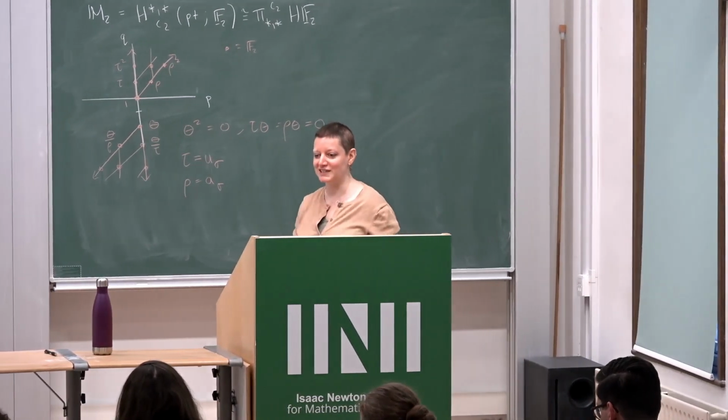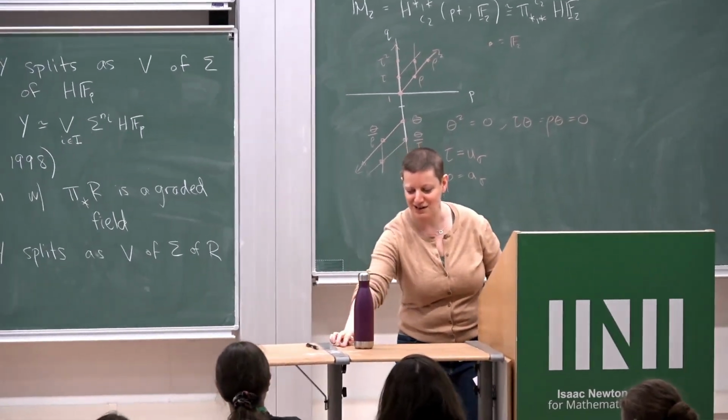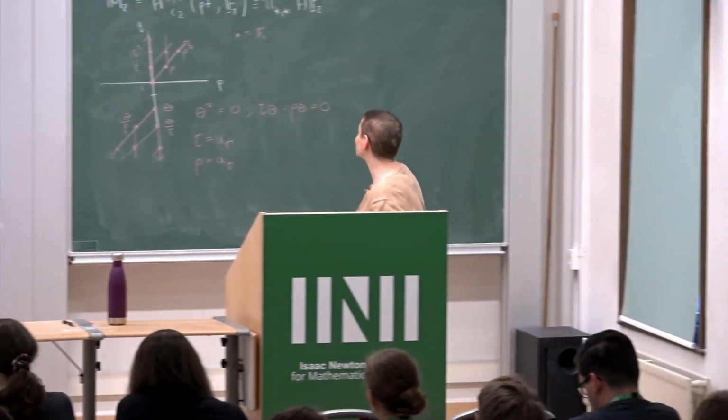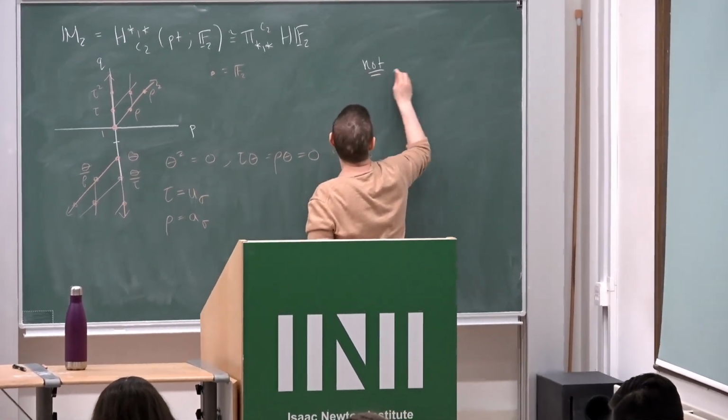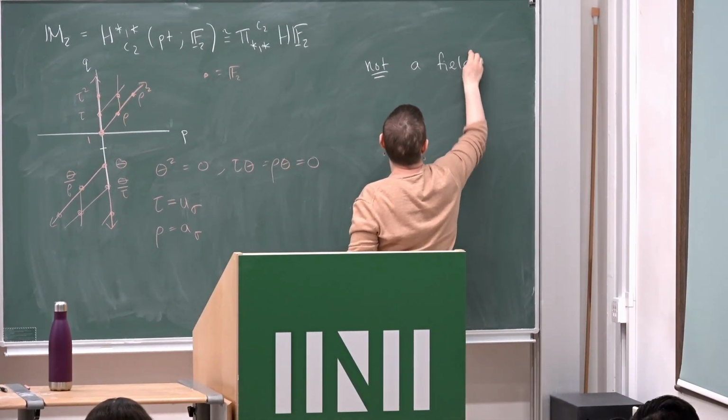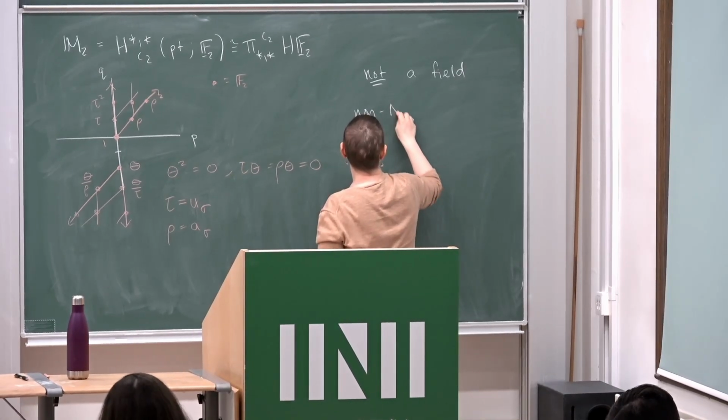The point I'm really trying to make is to remind you of this complicated picture that I haven't quite told you how to compute, but this is very much not a field. In fact, it's a non-Noetherian ring.